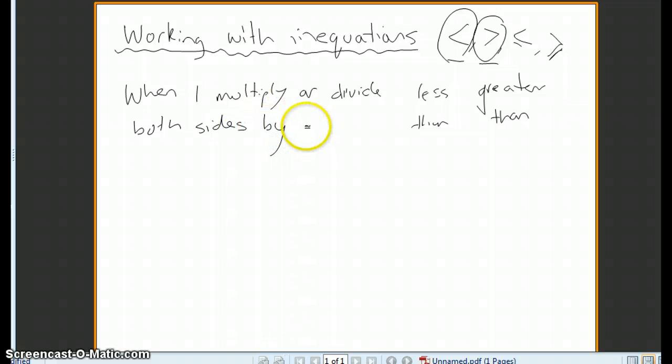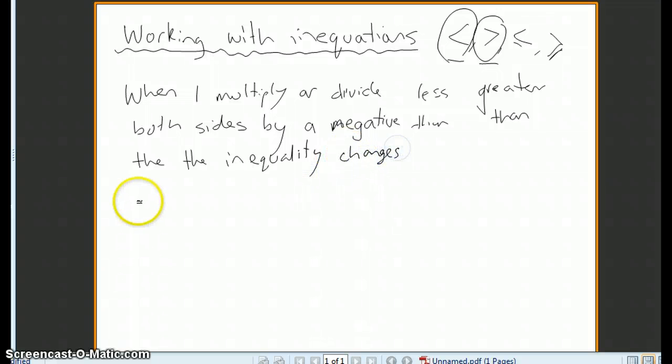Anyone know? A negative. Then the inequality changes direction. Let me explain what I mean by that. I'll do an example.